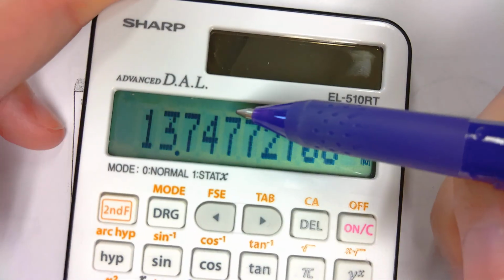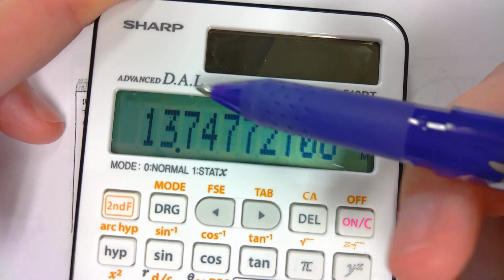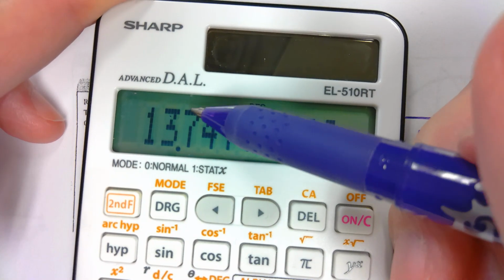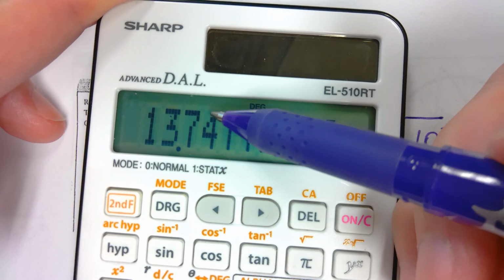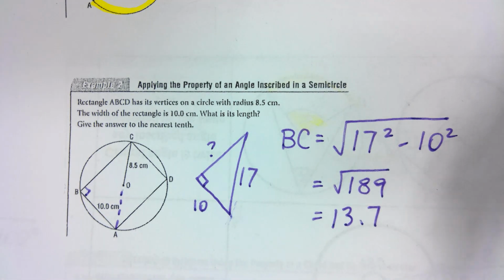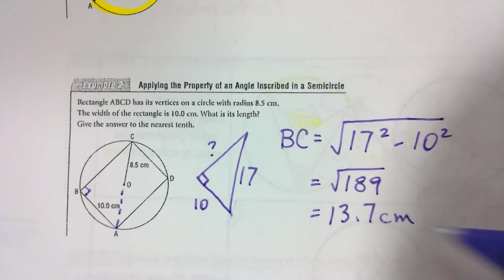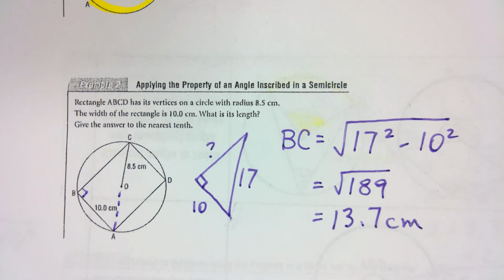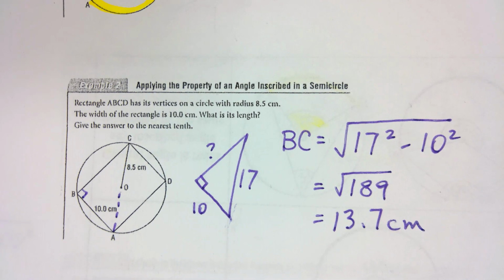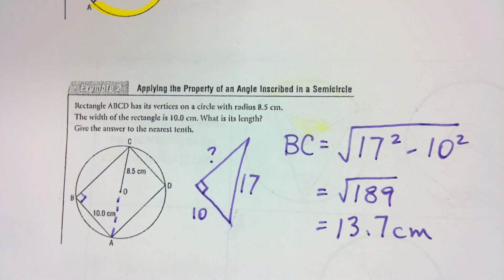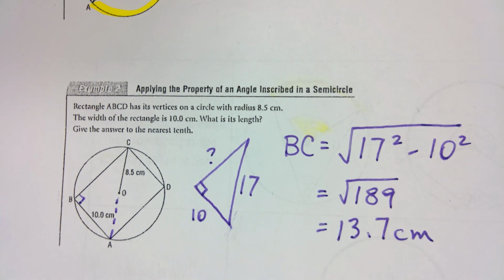I know that some of you are thinking, oh, but this rounds up and then this rounds up. When we want the nearest tenth, we only look at the next digit. Okay, so 13.7 centimeters. Don't forget units. Some people forgot units as well. Even though I sound like a broken record and keep telling you about units, yeah, units. Melody.